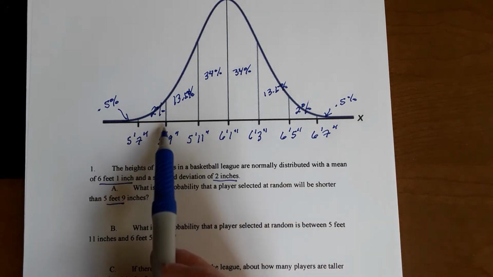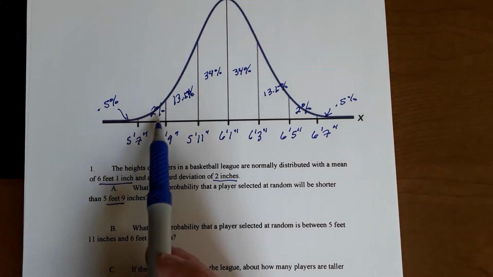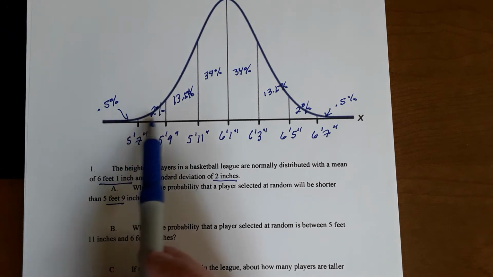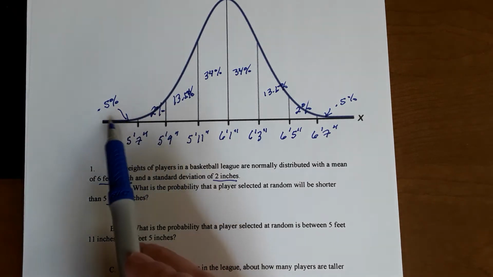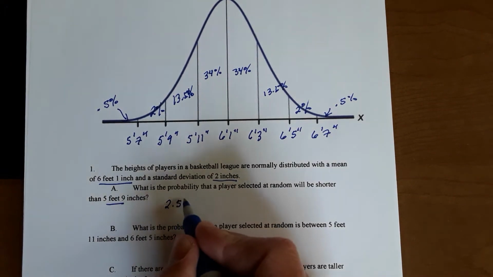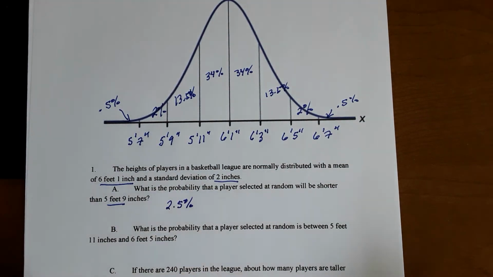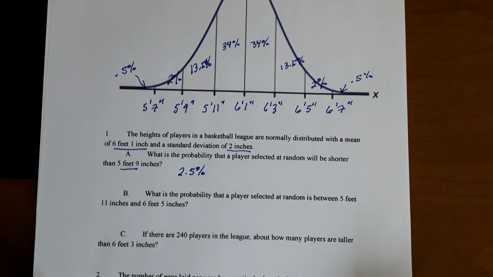Now, shorter than 5 feet 9 are going to be going to the left. So if I'm going to take all the values that are shorter, I simply add up each of the sections that are below that. In this case, these two. So 2 and 0.5 means that 2.5% of the players are shorter than 5 feet 9. And that's it. That's your answer to the first one.